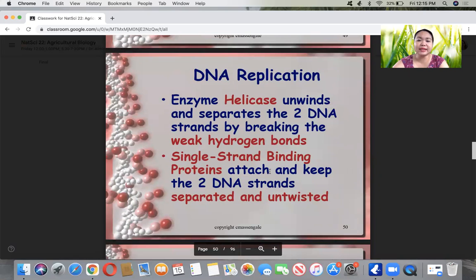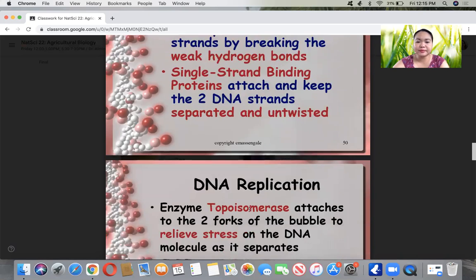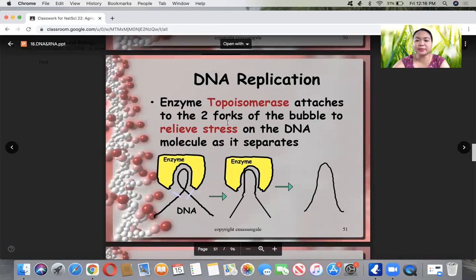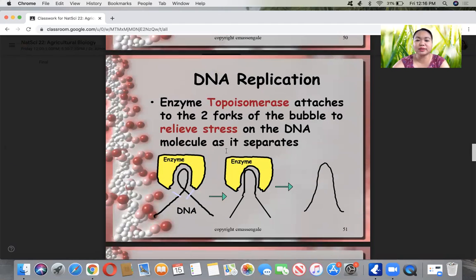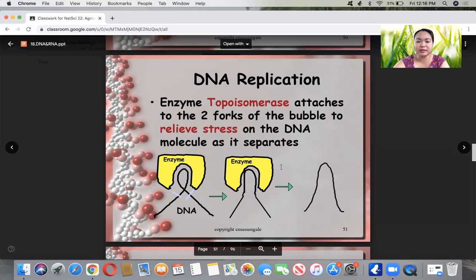The enzyme helicase unwinds and separates the two DNA strands by breaking the weak hydrogen bonds, and single-strand binding proteins attach and keep the two strands separated and untwisted. And the enzyme topoisomerase attaches to the two forks of the bubble to relieve stress on the DNA molecule as it separates, as shown on the figure here.